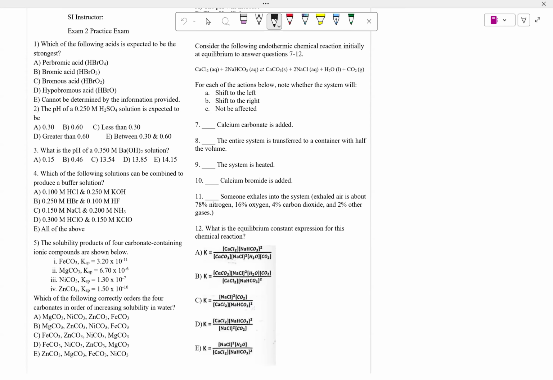I did it first and then I took this value, and then negative one. Yes, okay, negative one.